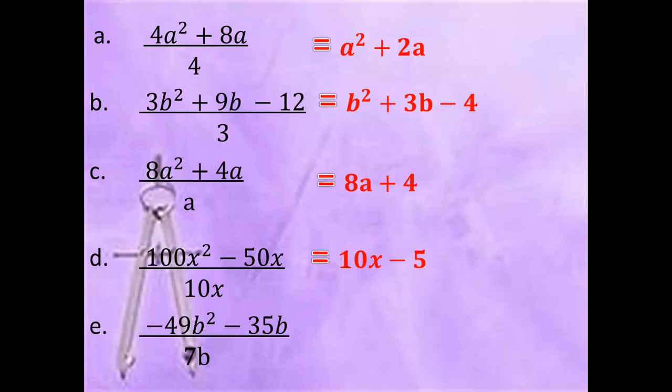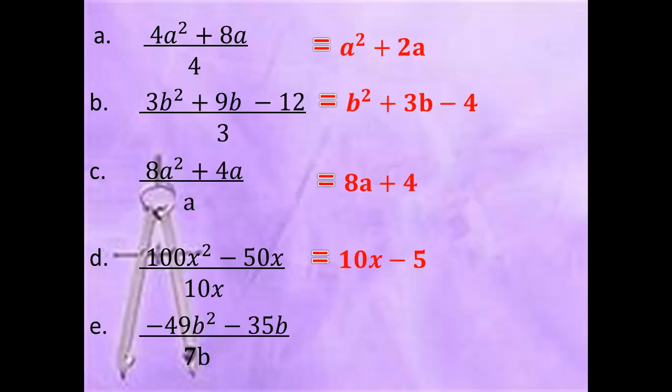Yes, Pi. Oh, where are you? All right, please unmute. Okay, Pi, please unmute. Yes, negative 7b. And next, the second term, negative 35b divided by 7b. 35 by 7 is?